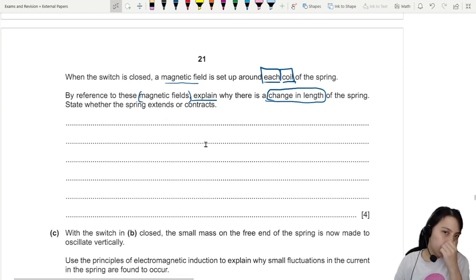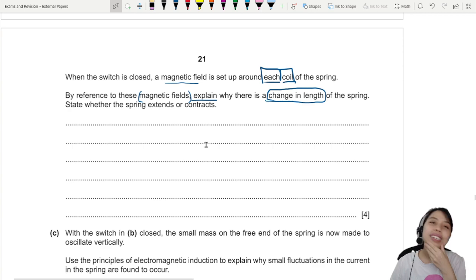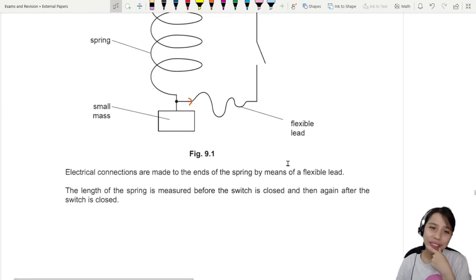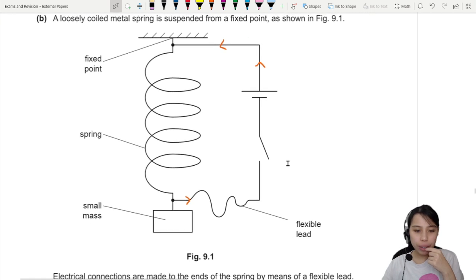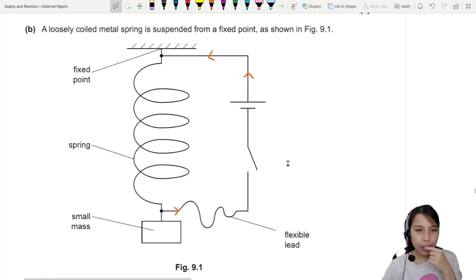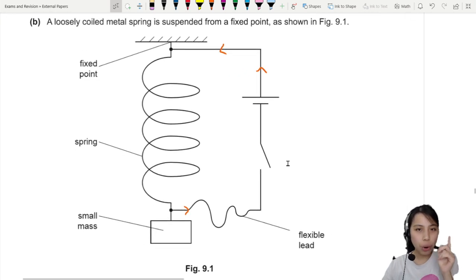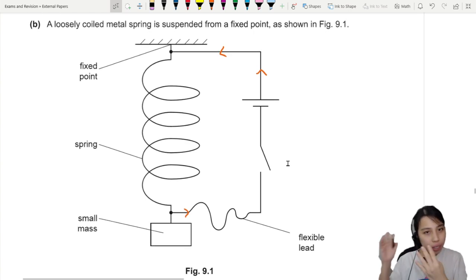So I think the first thing before we start off trying to write the answer is it going to extend or is it going to contract? Let's go back to this diagram. So this is what we call a solenoid. Usually we don't think of each coil separately, right?